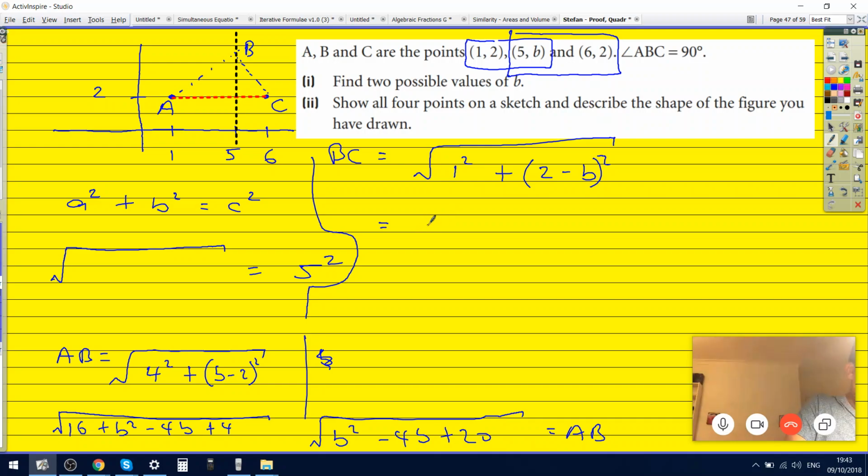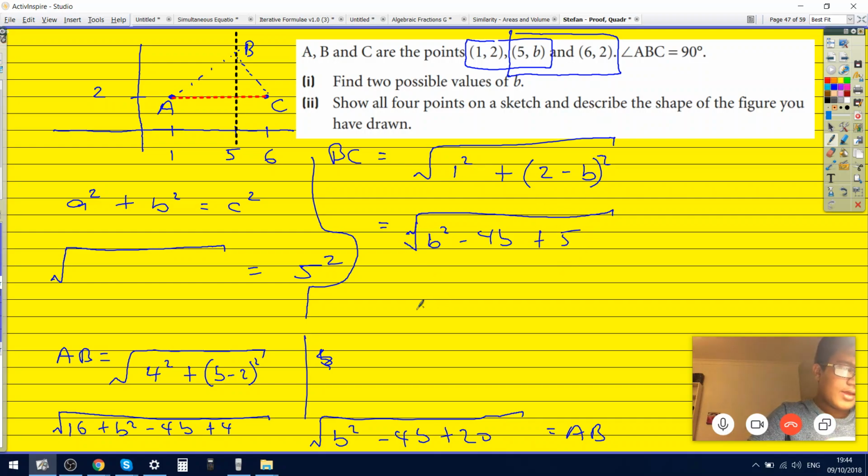BC is the root of 1 squared plus 2 minus b squared. I just thought of an easier way to do this, but this will work, what we're doing. The square root we get is b squared minus 4b plus 4, and then plus the 1 will be plus 5.